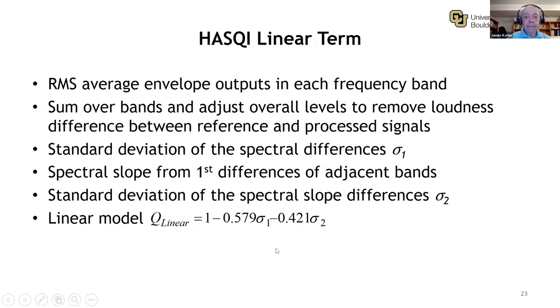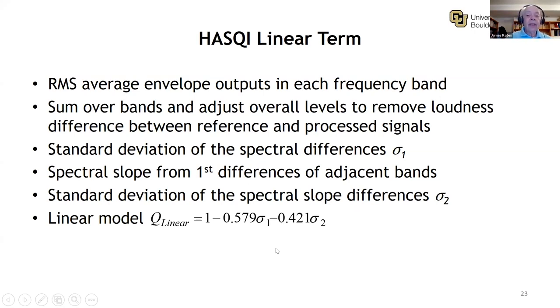There's also a linear term where we look at the RMS average envelopes in each of the frequency bands for the reference going through a model of the impaired periphery and for the hearing aid output signal going through a model of the impaired periphery.